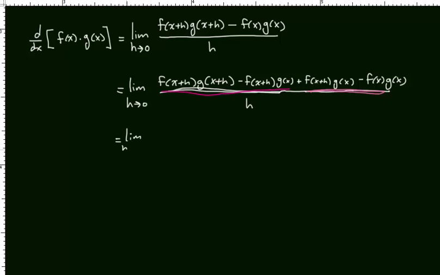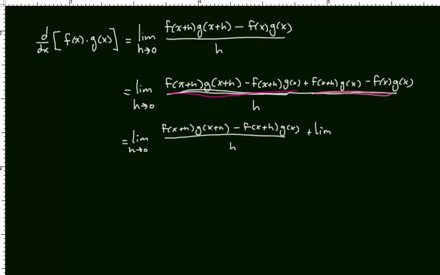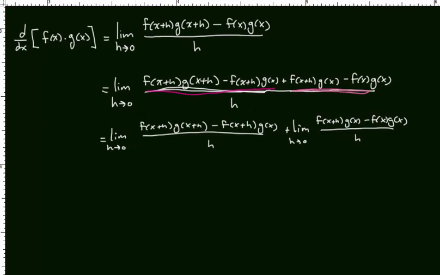So this is the limit as h goes to 0 of f of x plus h, g of x plus h minus f of x plus h, g of x all over h plus the limit as h goes to 0, f of x plus h, g of x minus f of x, g of x all over h. There we go. And let's move this a bit that way.